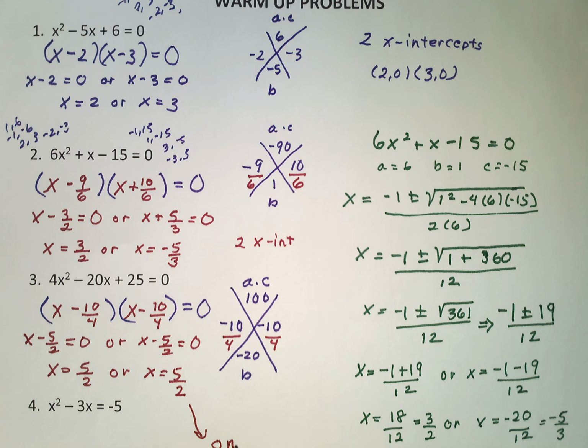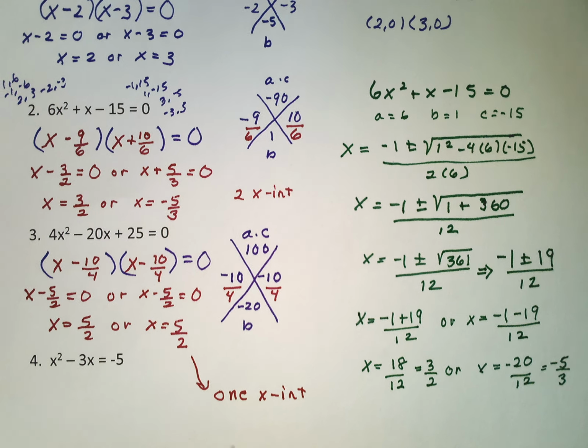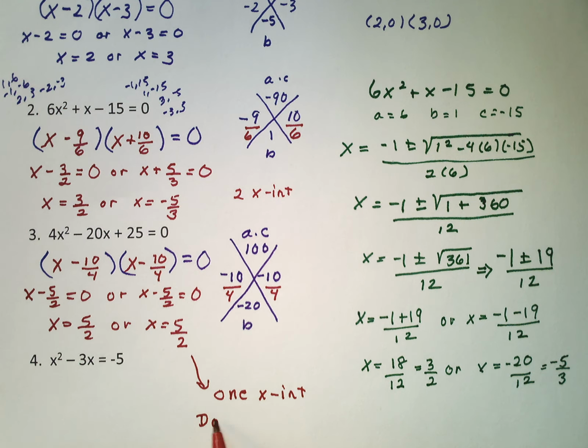We have one x-intercept. Just one. They sometimes call this a double root, because the 5/2 showed up twice as a solution. It means that the graph isn't going to cross the x-axis, it will just touch it there at one point.